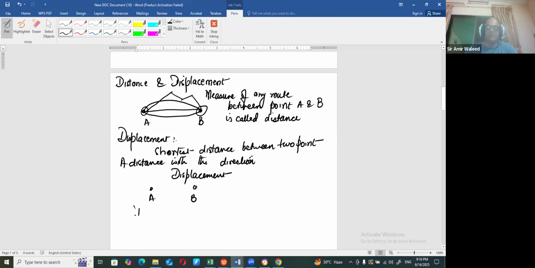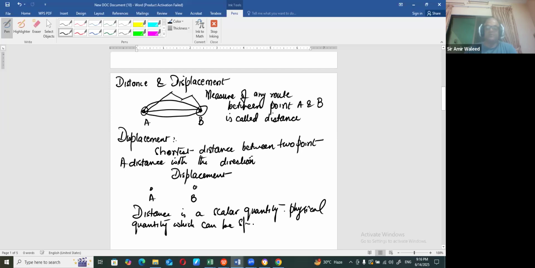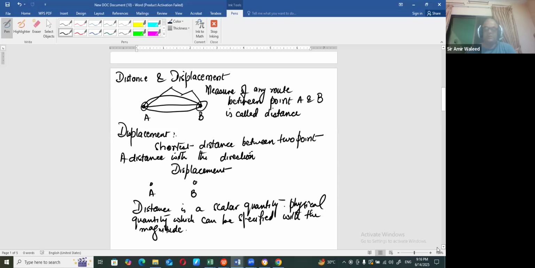That is the reason distance is a scalar quantity, which means a physical quantity which can be specified with magnitude only. Right? And what about displacement?